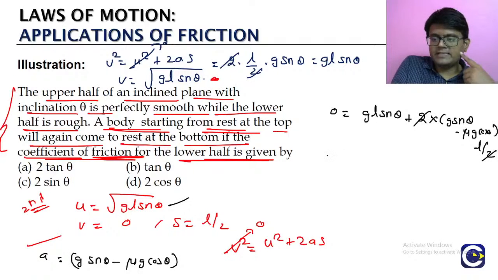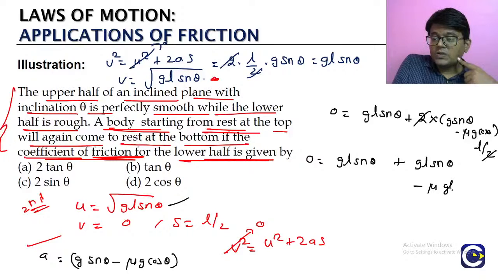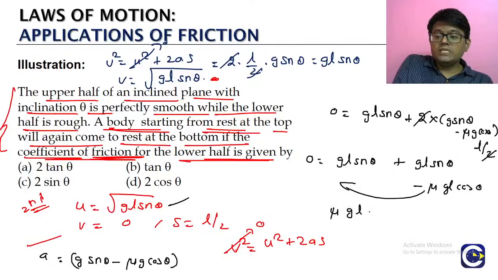So the 2 will cancel. 0 is equal to GL sin theta plus another GL sin theta minus mu GL cos theta. We take the negative term to the left side, and negative becomes positive. So mu GL cos theta is equal to GL sin theta plus GL sin theta, which is 2 GL sin theta.